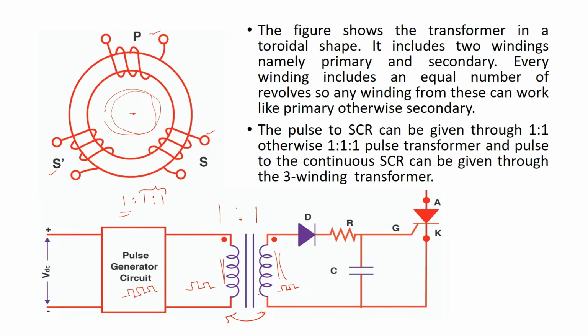Whatever magnitude is applied here, the same value will be passed to the secondary of the transformer by mutual induction. These pulses are then passed through the diode and RNC circuit to the gate of the SCR, and this is your SCR. We have anode, cathode, and a gate supply. Usually, the SCR has characteristics like this, between anode-cathode voltage and anode current. When the voltage is increased, till the gate is triggered there will be no current.